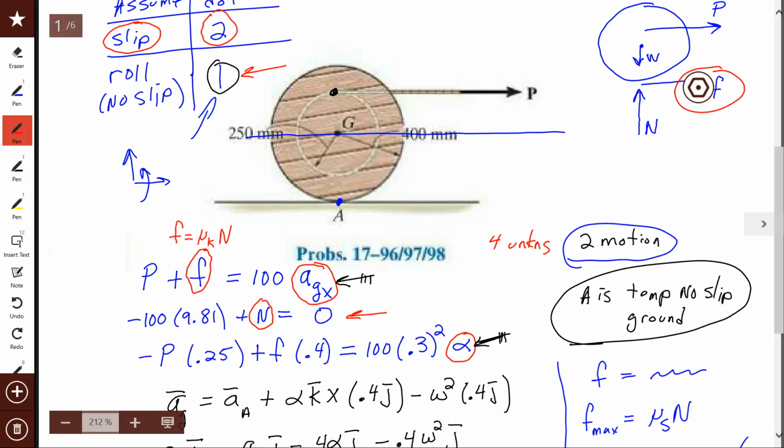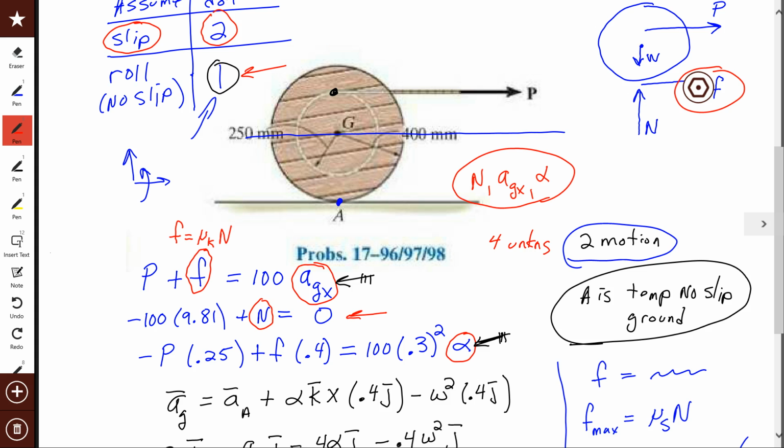But basically then this friction force is no longer an unknown, and so your unknowns are going to be the normal, the acceleration of G in the x direction, and the angular acceleration alpha. So you'll have 3 unknowns, and you'll have these 3 equations. What happens to this special points equation? It doesn't exist.